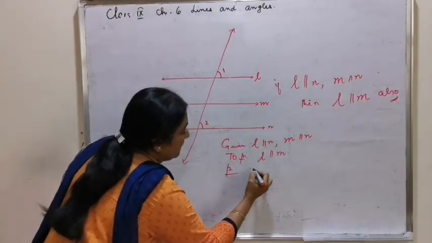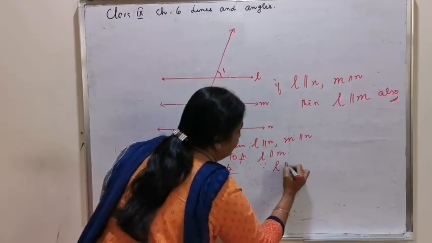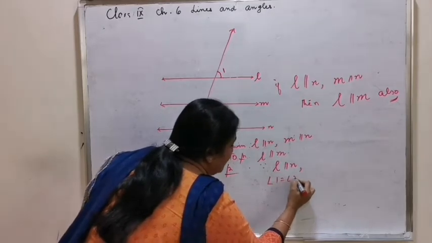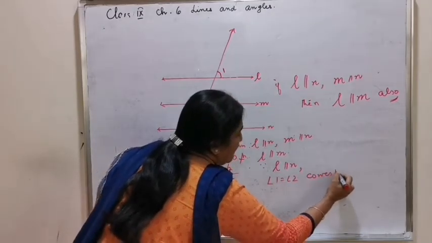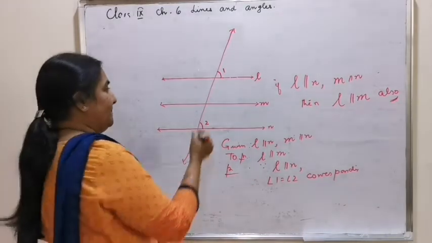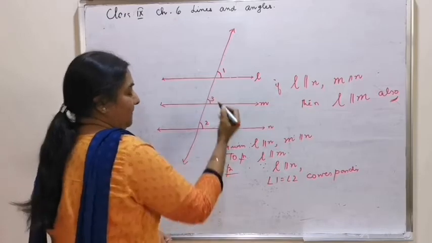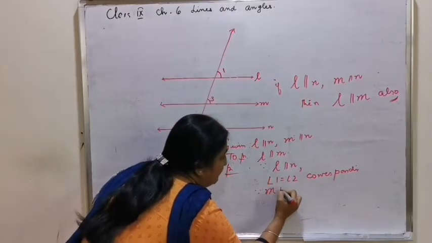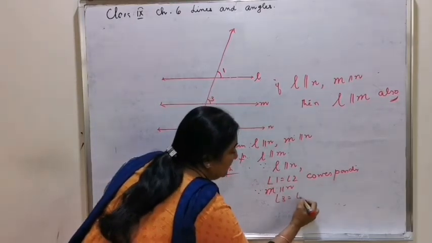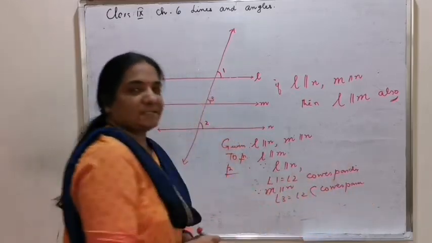Proof: since L parallel to N, angle 1 is equal to angle 2, corresponding angles. Similarly, M is also parallel to N. Since M parallel to N, we have 3 also equal to 2, another pair of corresponding angles.